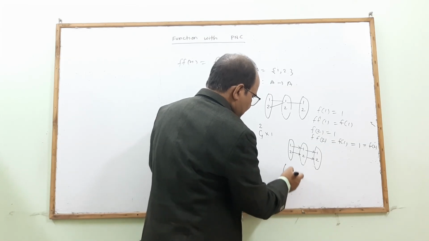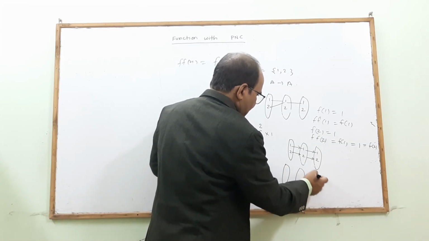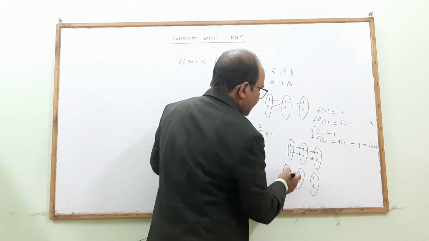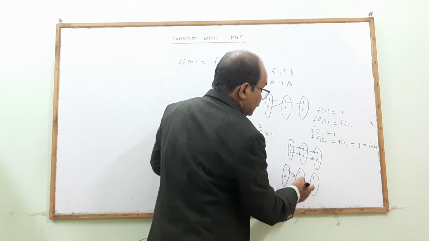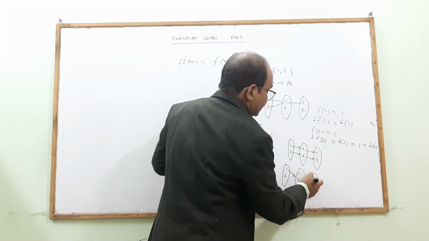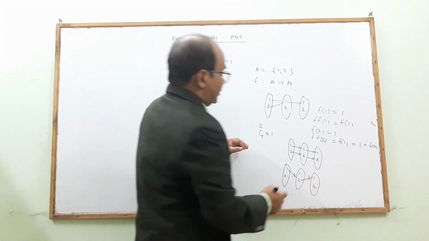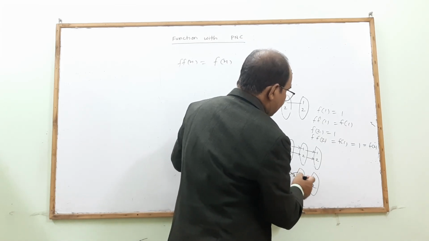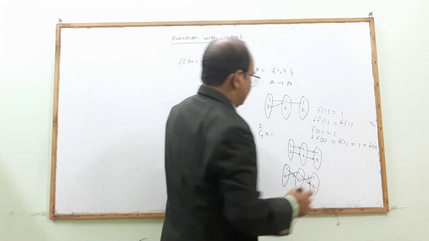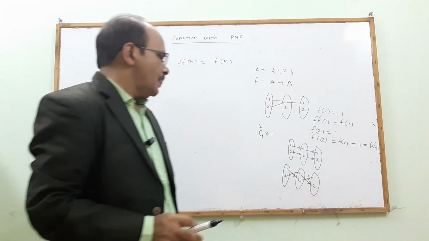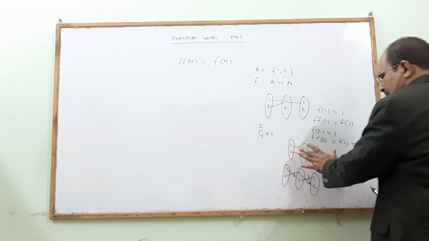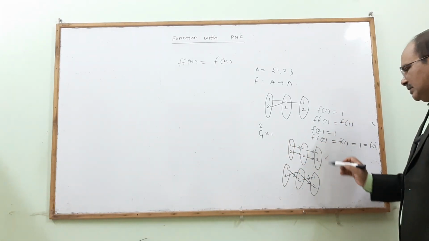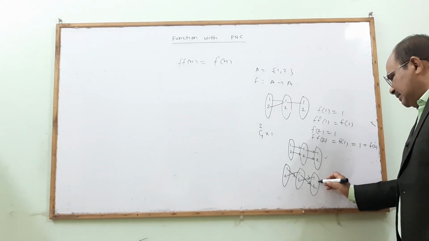The second possibility will be 1 is mapped to 2 and 2 is mapped to 1. Correct? Again we have two conditions, one is like this and the second is like this.